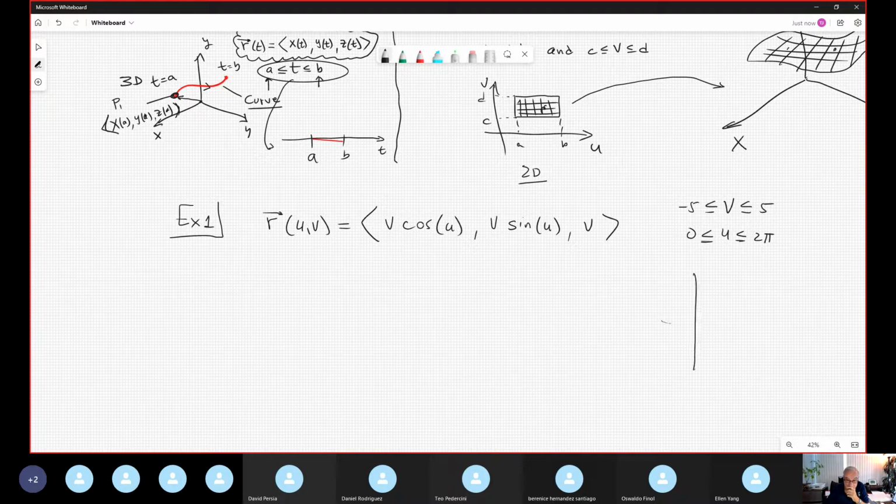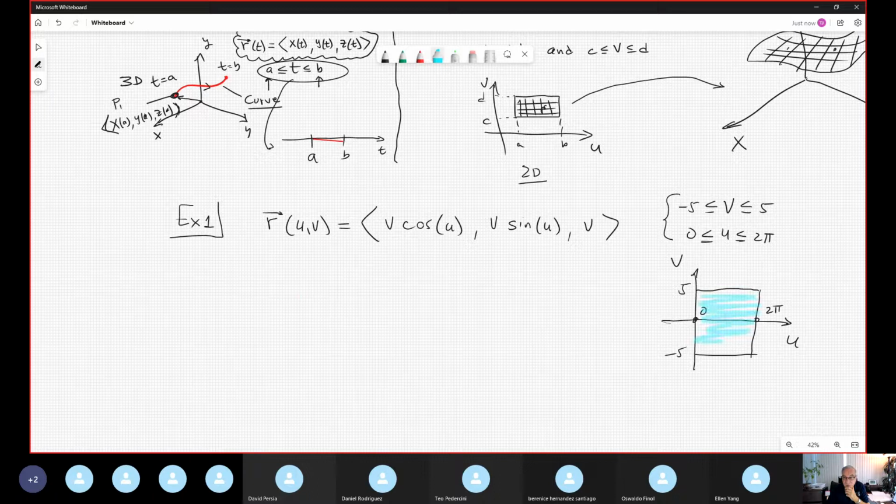Now, if you try to understand this idea of the domain of the parameter graphically, I like it so much graphically, you see that we have a rectangle. The dimensions of this rectangle are 0 and 2 pi, and +5, -5.